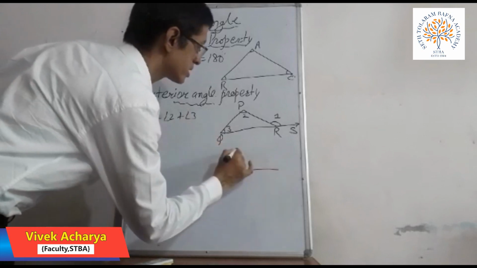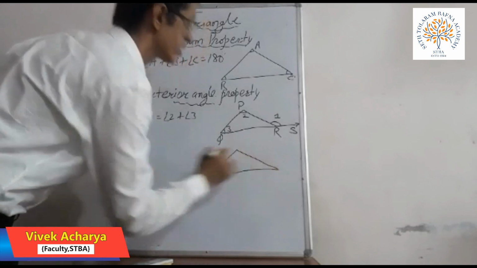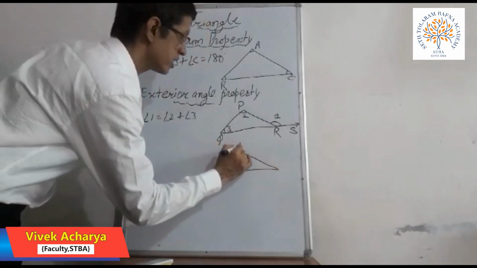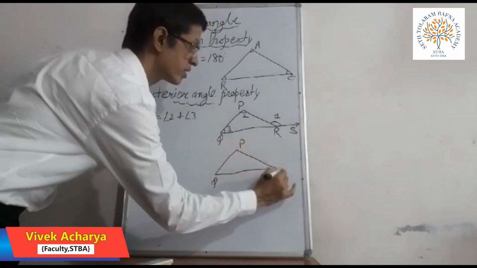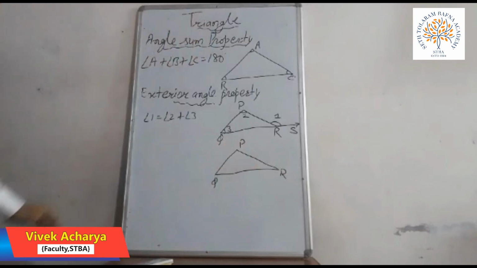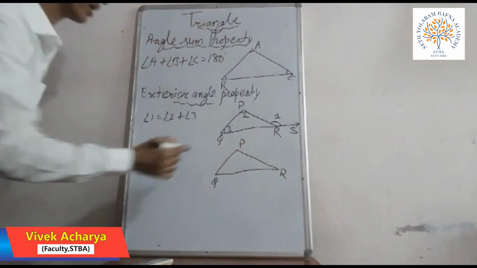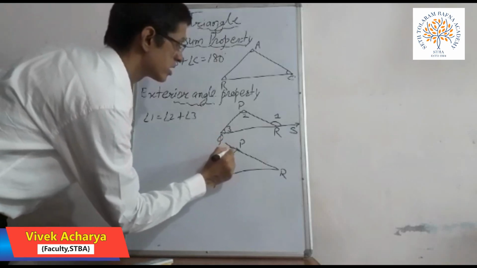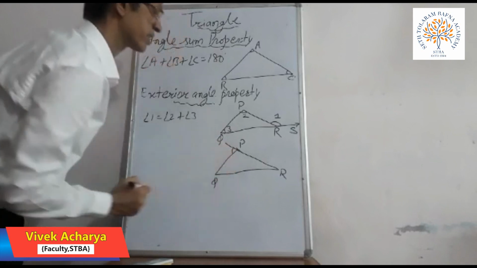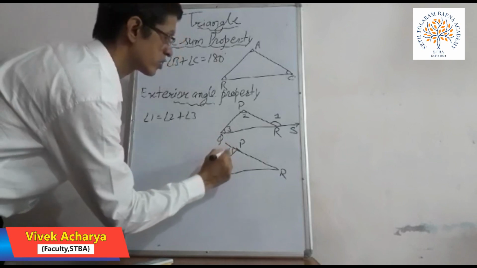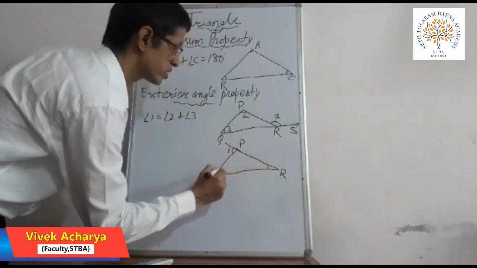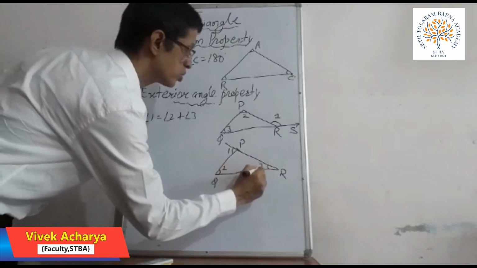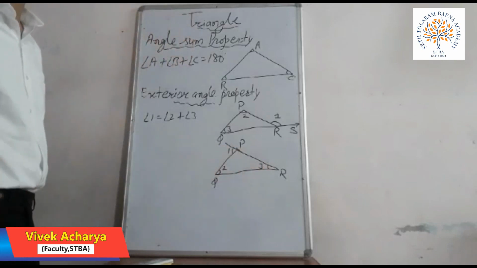For example, in this same triangle, if I extend another side, which is having PQR, if I extend this side, children, this is the exterior angle now. So angle 1 is equal to again angle 2 plus angle 3, in the same way.